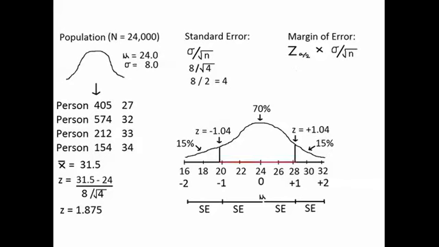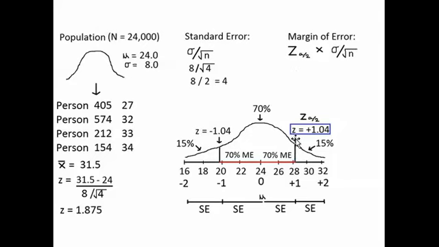When we calculate the 70% margin of error, what we're going to be calculating is the distance from the population mean at the center to the lower boundary of the middle 70% and to the upper boundary of the middle 70%. The z-score that we're going to be plugging into the formula, which is 1.04, is just the z-score at the upper end of our middle area.